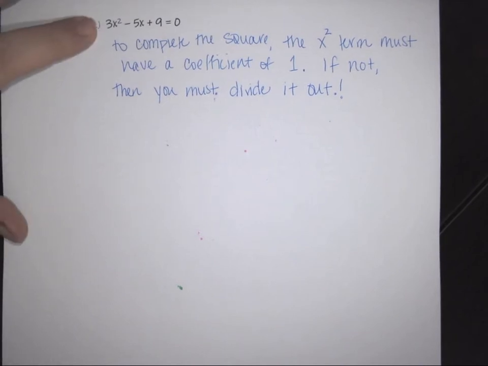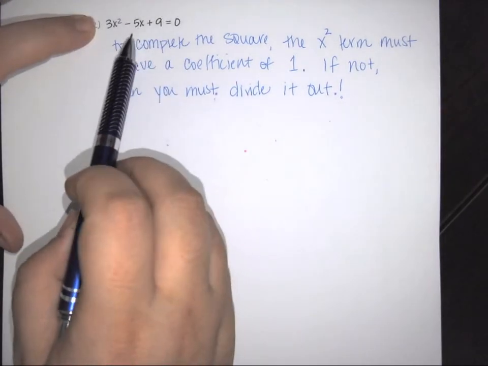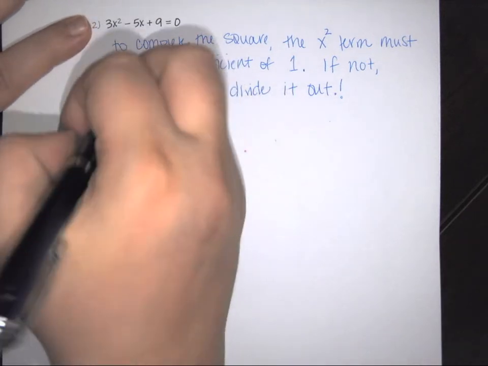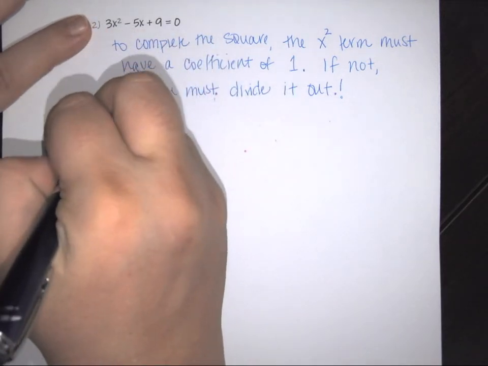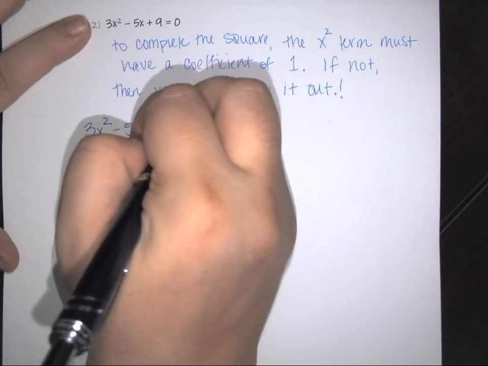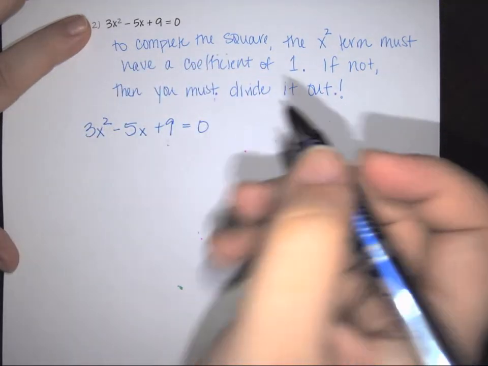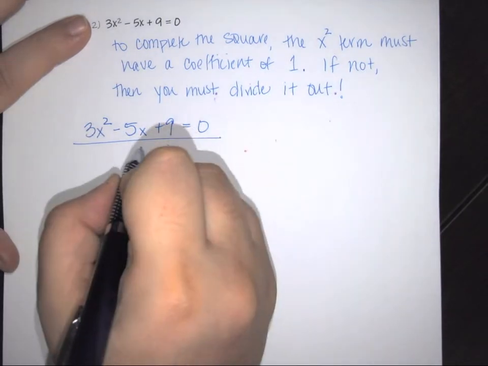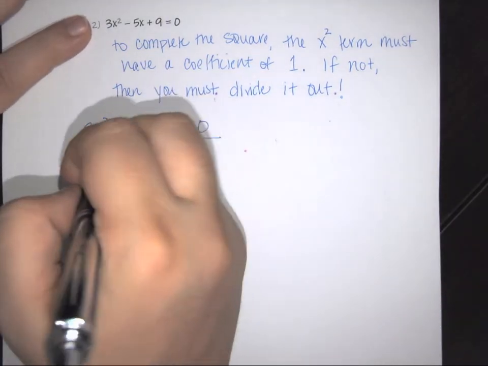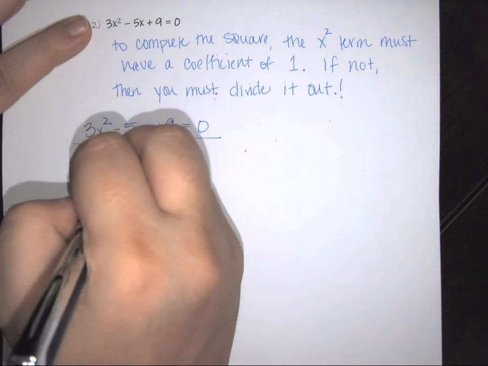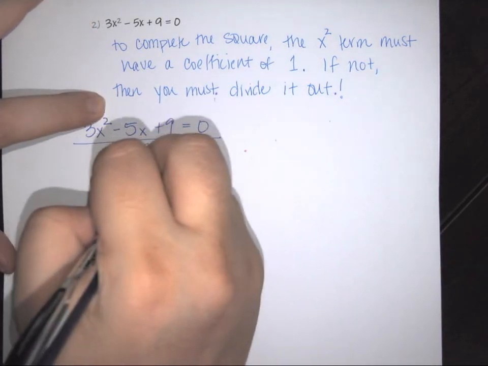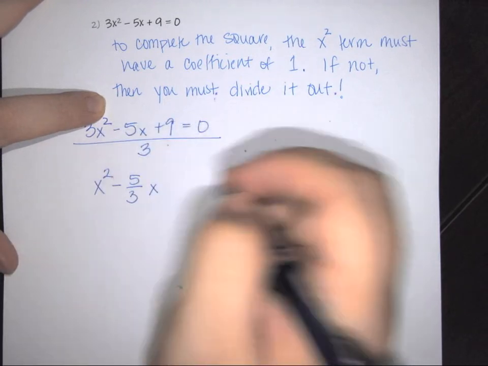So I have this 3x squared minus 5x plus 9. So 3x squared minus 5x plus 9 equals 0. And I'm going to divide the whole thing by 3. My first term here is going to become an x squared. My middle term becomes negative 5/3 x.